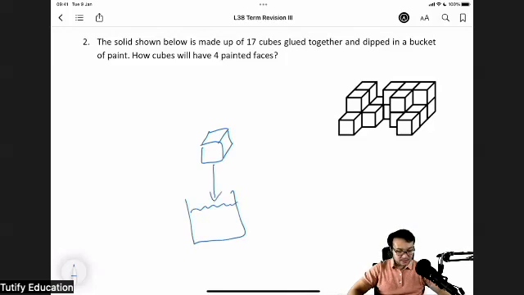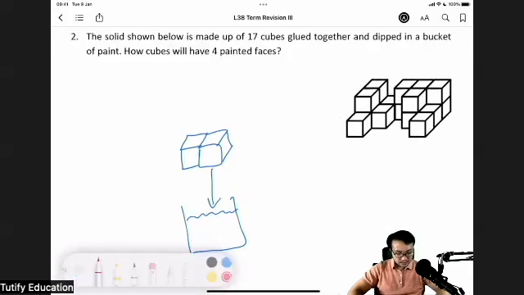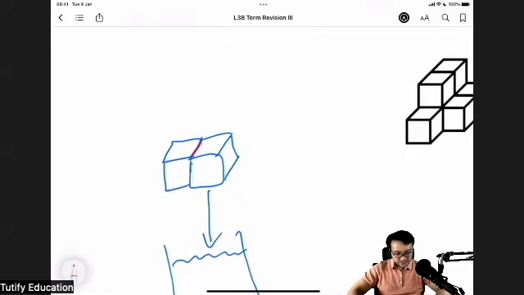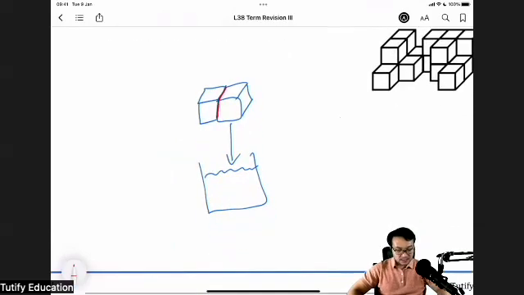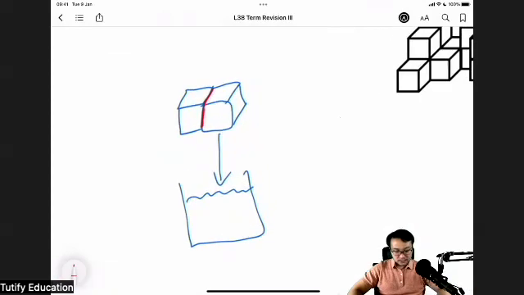Yes, all the 6 faces will be painted. Now, what if I were to connect this cube with another cube? Do you notice when I connect this cube with another cube, the face over here is blocked. It has been covered. Yes, it's blocked. So if I drop it in the bucket of paint, how many faces of this cube will be painted?